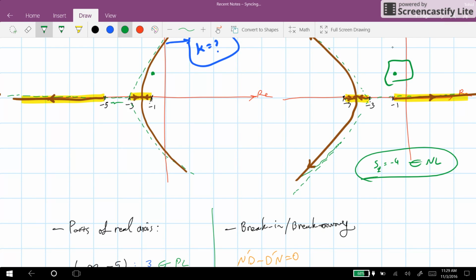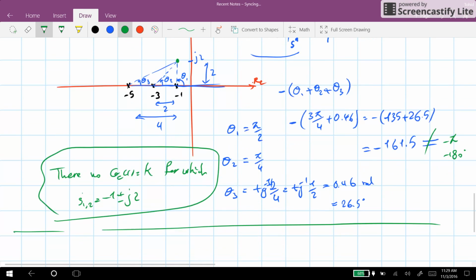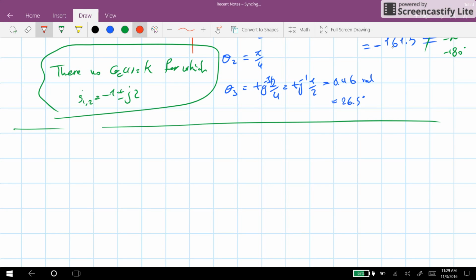So s1 equal to -4 belongs to the negative locus. We need to find for which value of K we have such a pole for our closed loop system. To find that, we can refer to the amplitude condition. So our test point here is at -4.